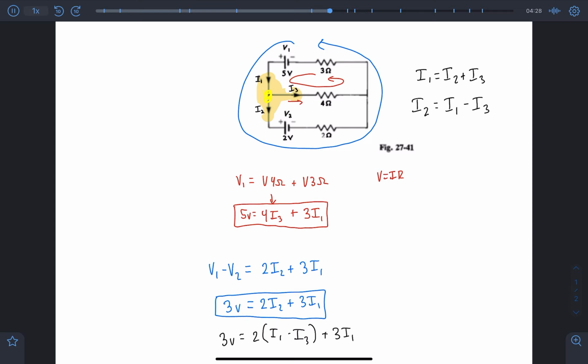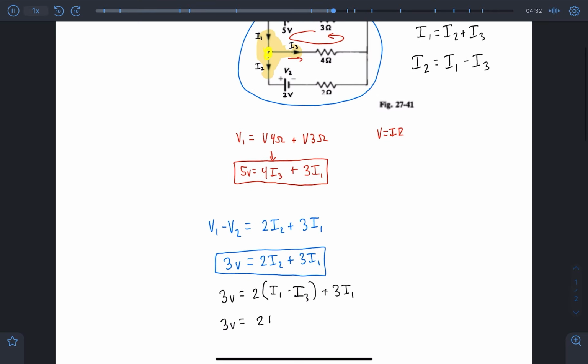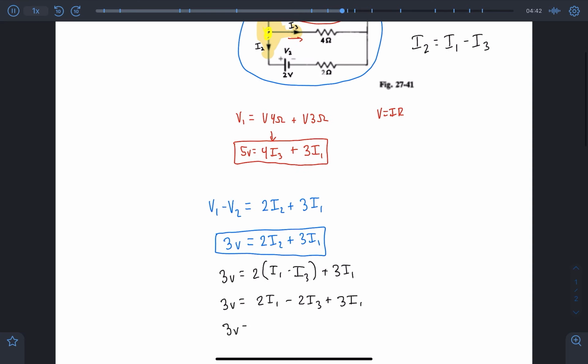Next, we can distribute this out. So we get that 3 volts is equal to 2I1 minus 2I3 plus 3I1. And that can just be simplified to 3 volts equals 5I1 minus 2I3.